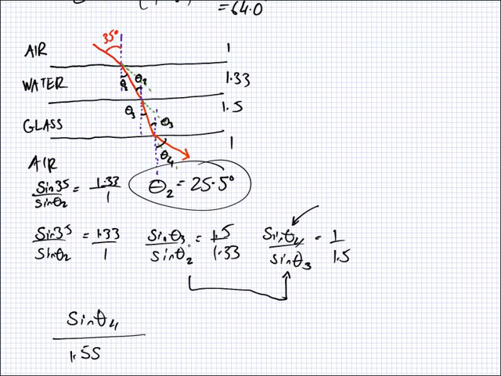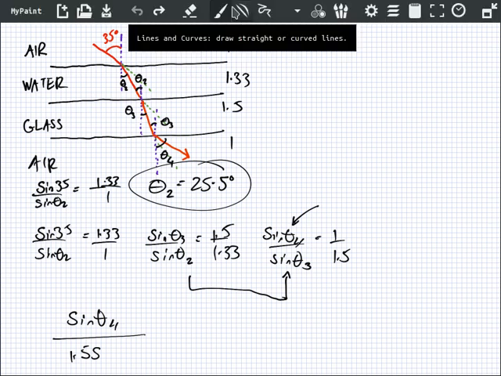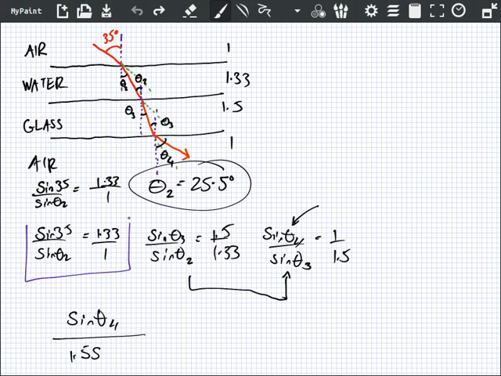Alright, what have I done stupid here with my fractions? Okay, let's check. Sine 35 over sine theta 2 equals 1.33 over 1. Yeah. Okay, we're good. Wait, no, it's not. I'm looking at the other one.